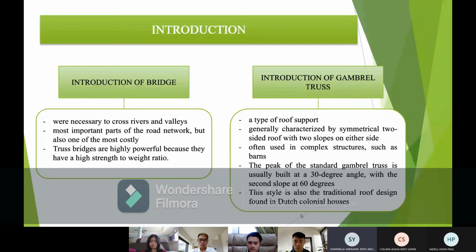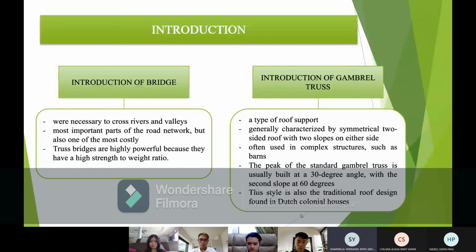It is often used in complex structures such as barns, and the peak of the standard gambrel truss is usually built at a 30-degree angle with the second slope at 60-degree angle.